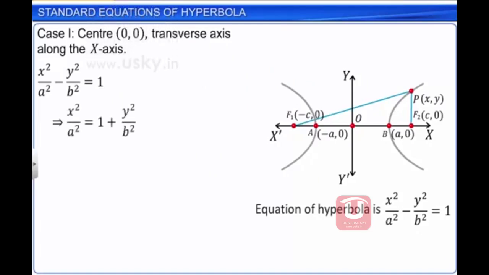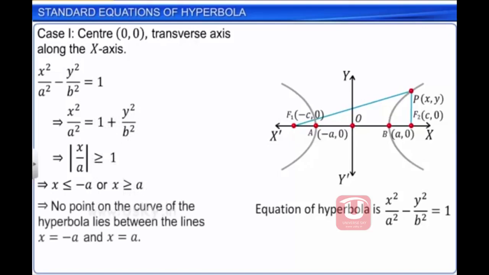This implies that for any point on the curve of the hyperbola, the value of the x-coordinate is less than or equal to minus a, or greater than or equal to a. Thus, no point on the curve of a hyperbola with its center at the origin and transverse axis along the x-axis lies between the lines x is equal to minus a and x is equal to a.